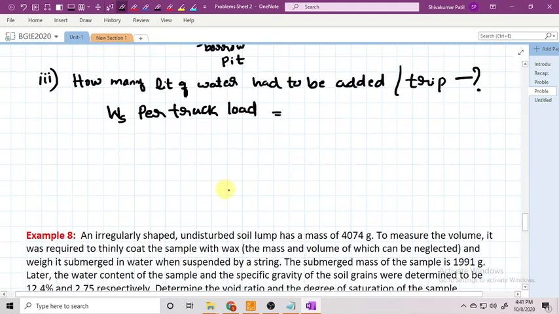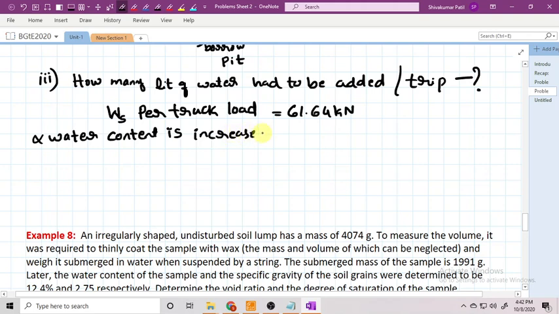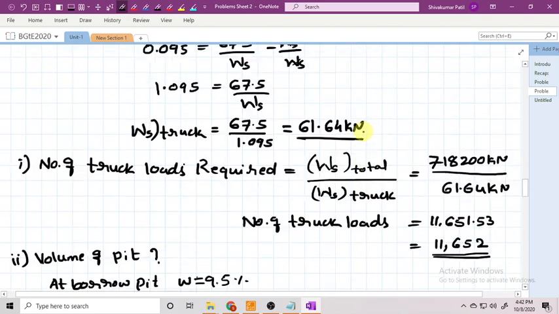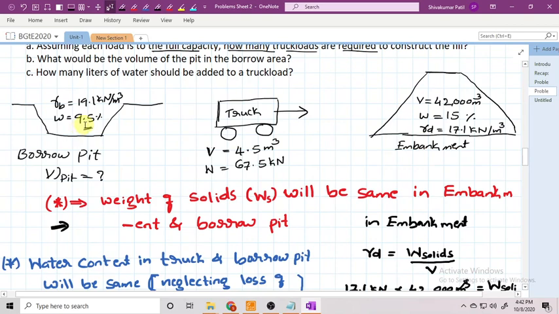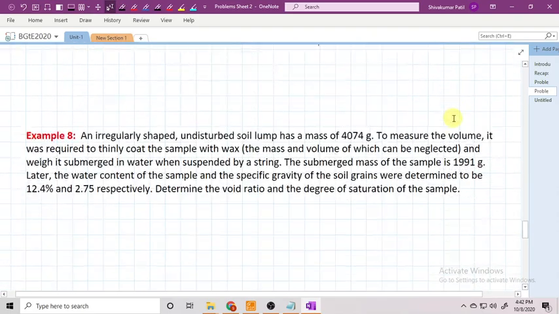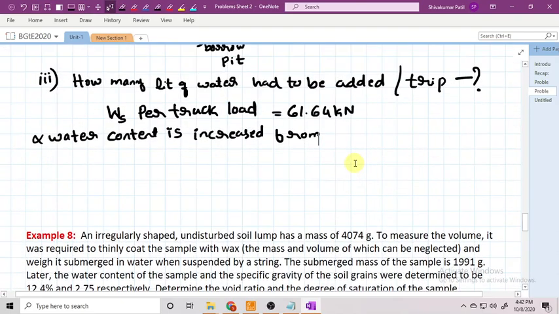And the water content is increased from 9.5% in the borrow pit to 15% in the embankment.